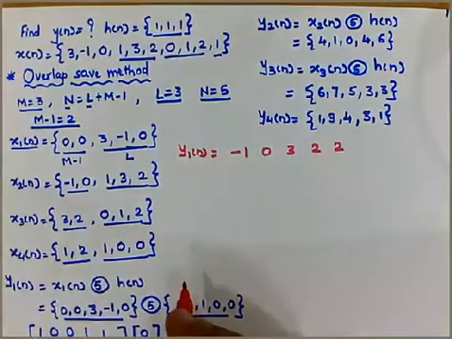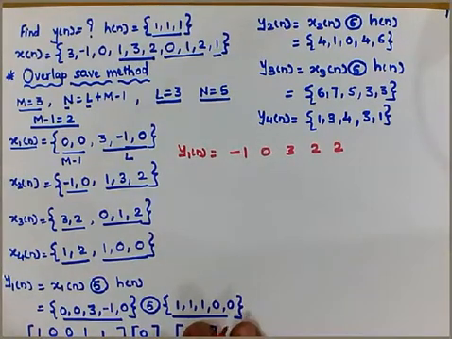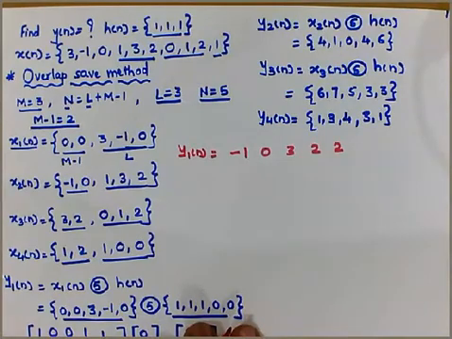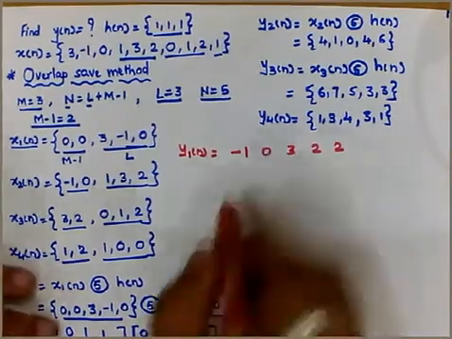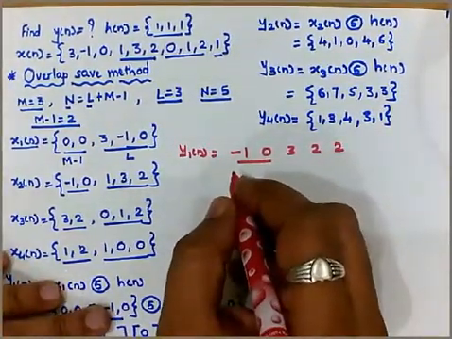Once we prepare y1, let's write down the values. Which are these values for the y1? It's the two initial values, that is M minus 1. These are to be discarded.